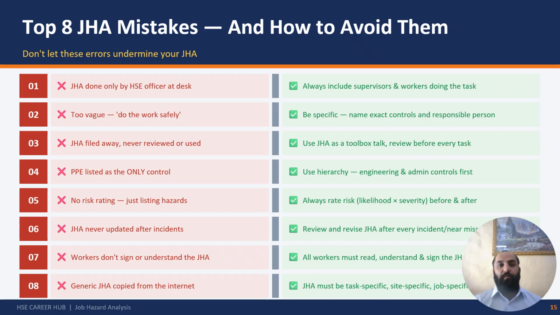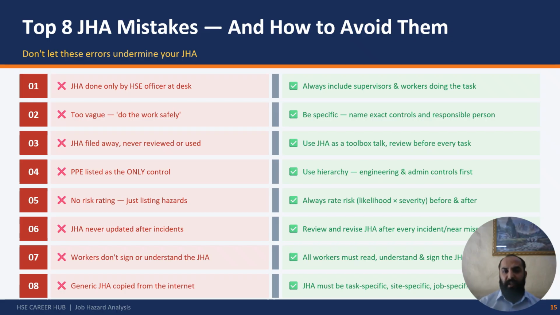Mistake 8. Copy-pasting a generic JHA form from the internet. I know it's tempting. I know it saves time. But a generic JHA can actually be more dangerous than no JHA, because it gives everyone a false sense of security. Your JHA must reflect your specific job, your specific site, your specific conditions.